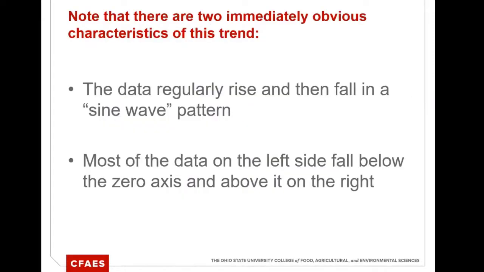The second characteristic of this data set that should be immediately obvious is that most of the data on the left side, in the early period from about 1979 to 2000, fall below the zero axis. In other words, it was cooler than normal. And on the right, most of the data fall above the zero axis.